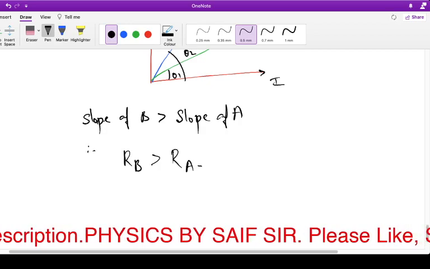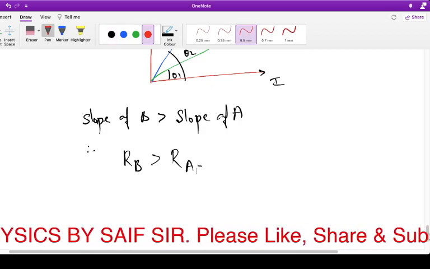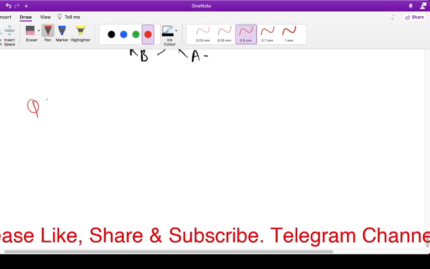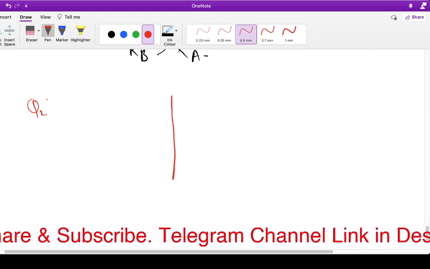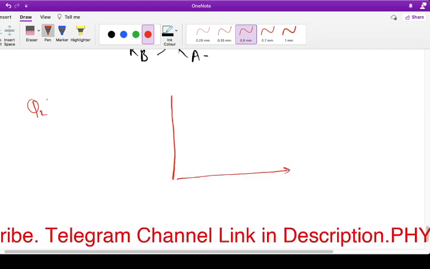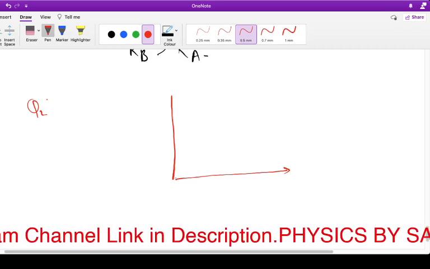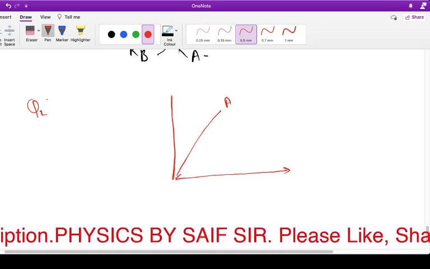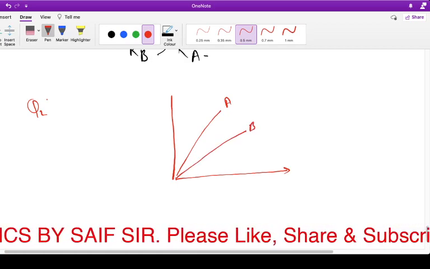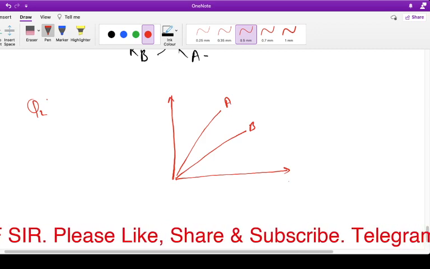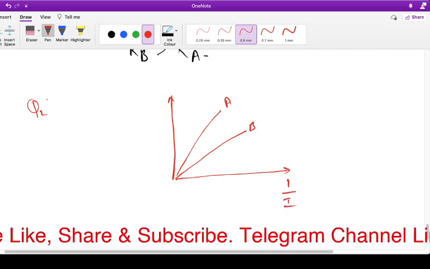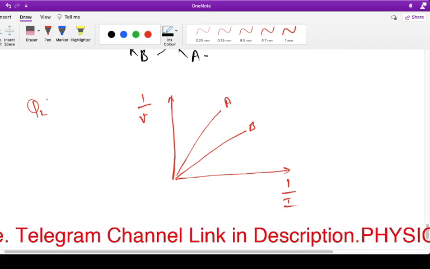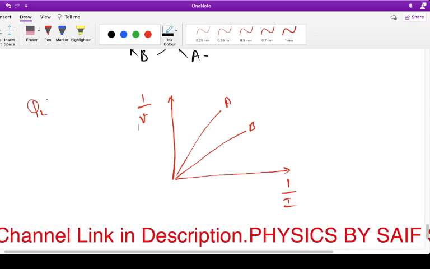And the last question here is the same. This is A, this is B, and here on the x-axis we will use 1 by I and on the y-axis 1 by V. Now, who has greater resistance, A or B?